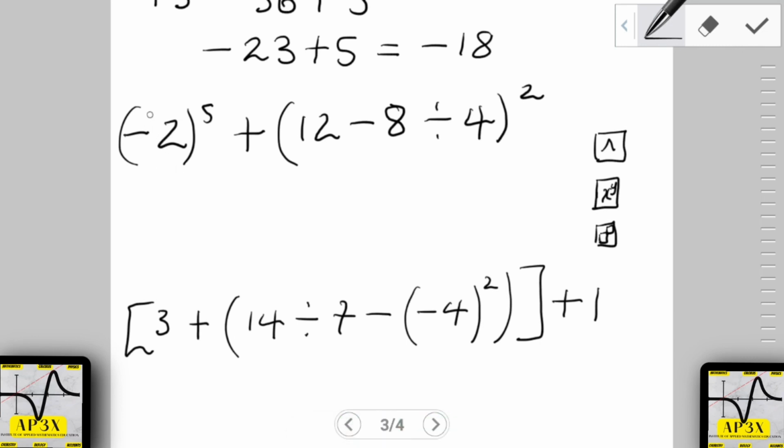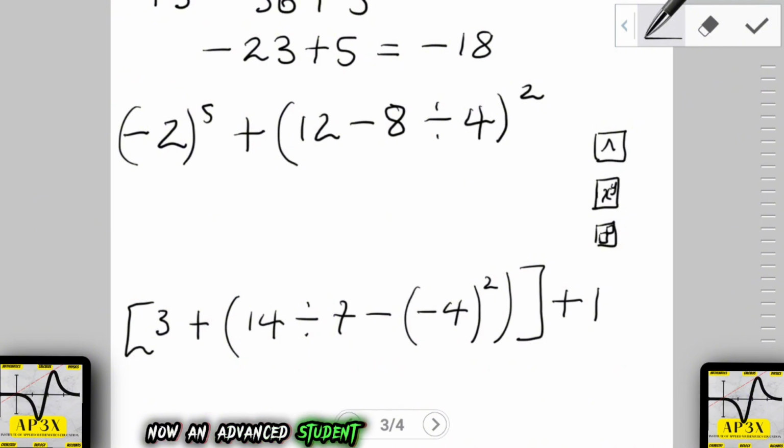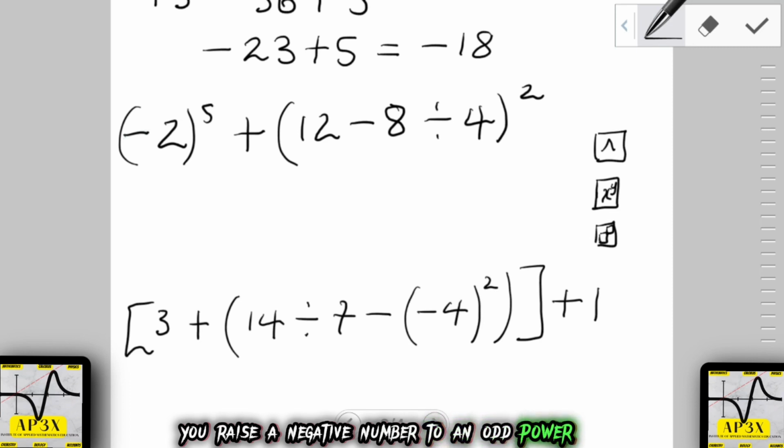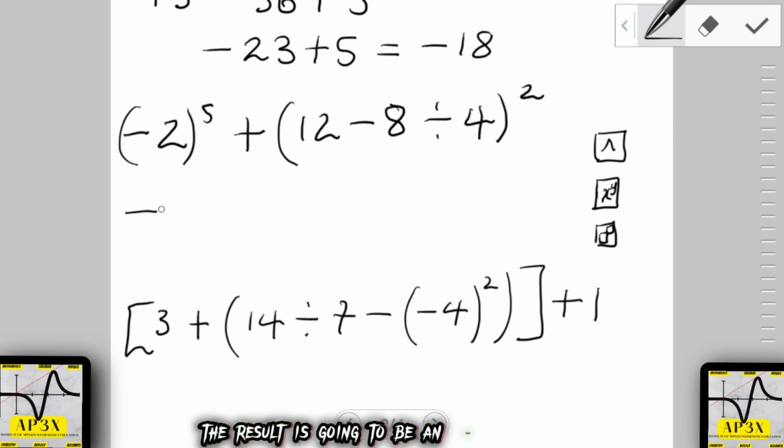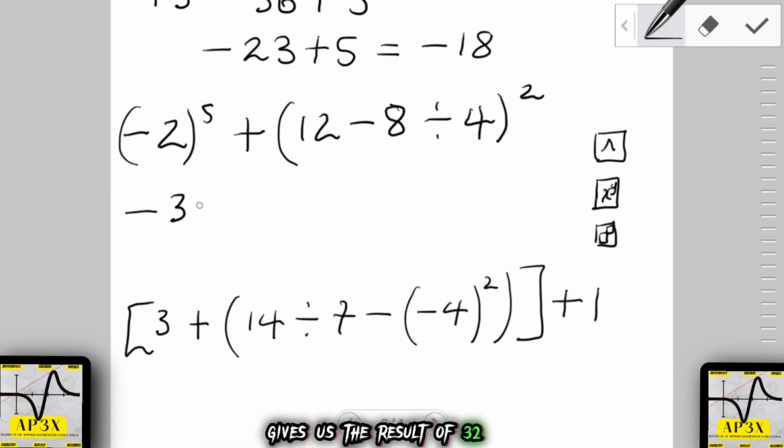So negative 2 to the 5 means negative 2 multiplied by itself 5 times. An advanced student will know that if you raise a negative number to an odd power, the result is going to be negative. So 2 multiplied by itself 5 times gives us 32.